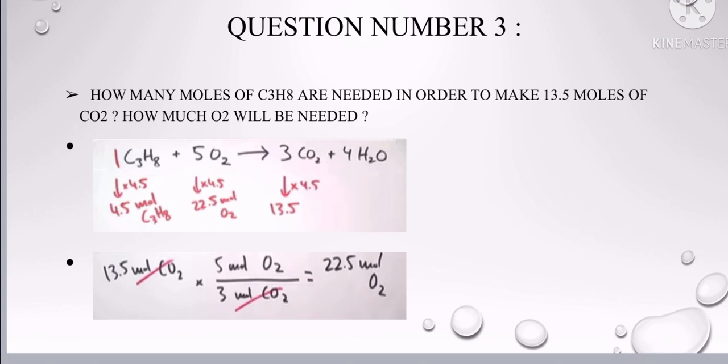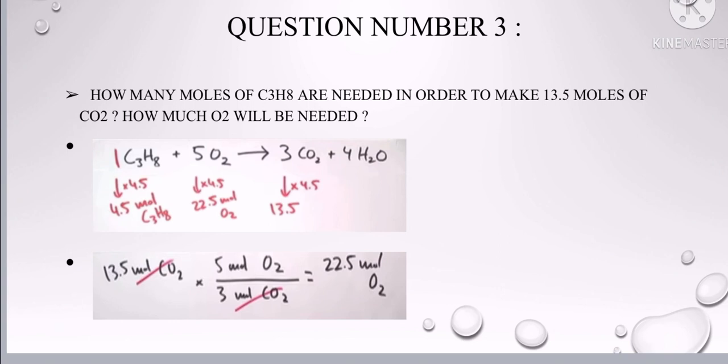So after we place both of them, first the thing that we have, the problem, in the numerator and the denominator. So the thing that we have, 13.5 moles of carbon dioxide multiplied by 5 moles of oxygen divided by 3 moles of carbon dioxide, is going to be equivalent to 22.5 moles of oxygen.